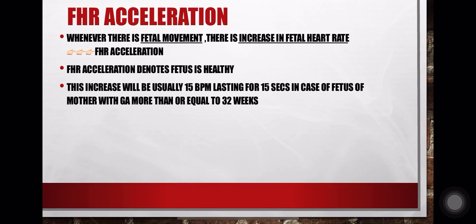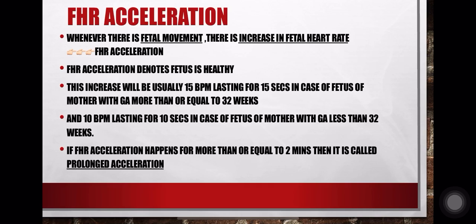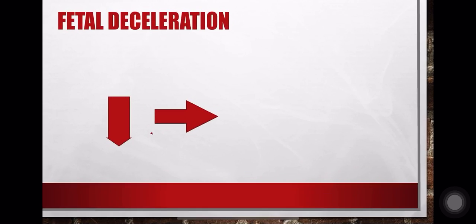This increase will usually be 15 beats per minute lasting for 15 seconds in case of a fetus of a mother with gestational age more than or equal to 32 weeks, and 10 beats per minute lasting for 10 seconds in case of a fetus of a mother with gestational age less than 32 weeks. If fetal heart rate acceleration lasts for more than or equal to 2 minutes, then it is called prolonged acceleration.